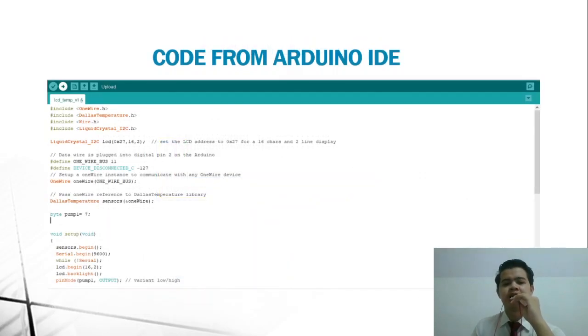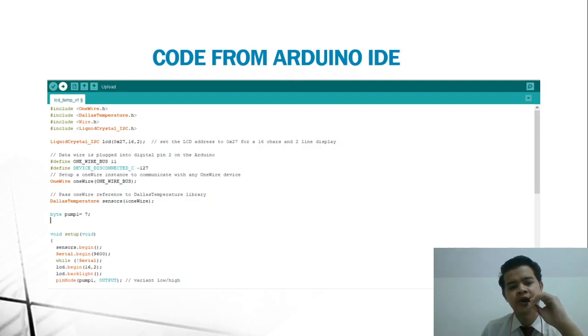Okay, this is the program from the Arduino IDE. As you can see, there are two components that have been covered in this program. Number one is Dallas Temperature, and number two is LiquidCrystal. Dallas Temperature is the waterproof temperature sensor.